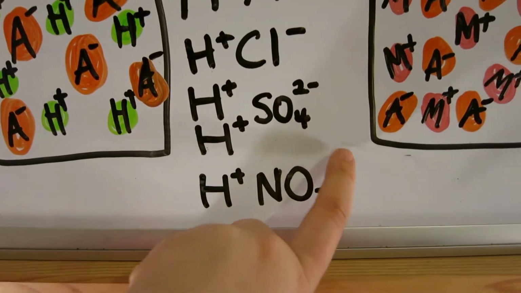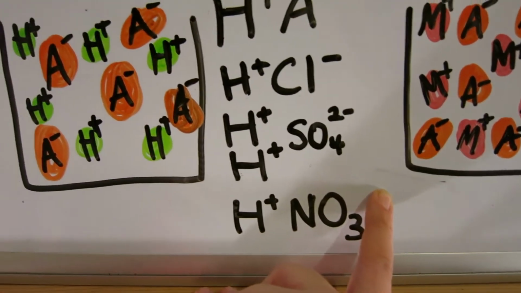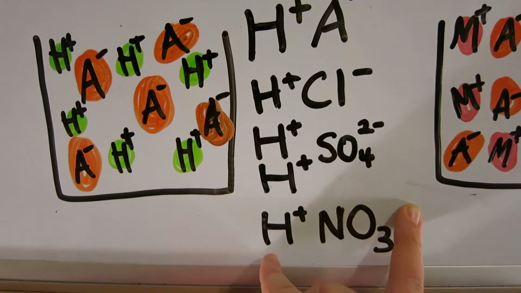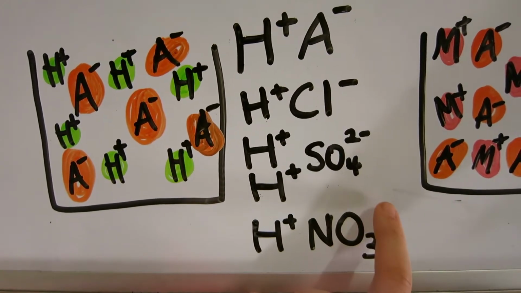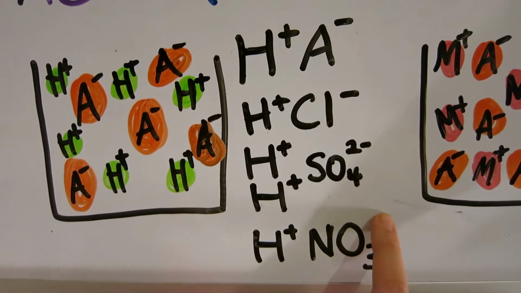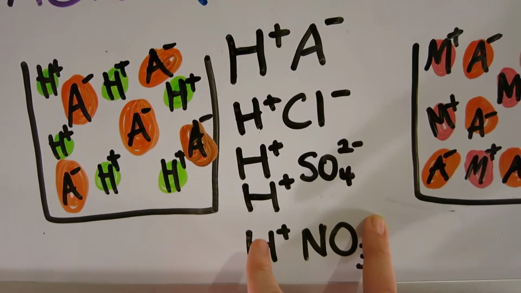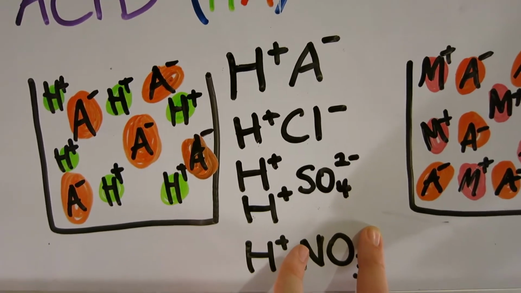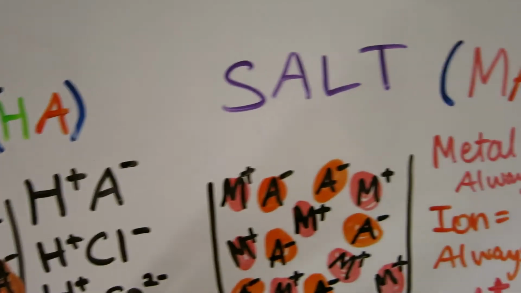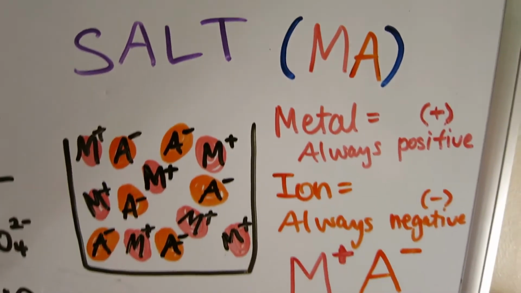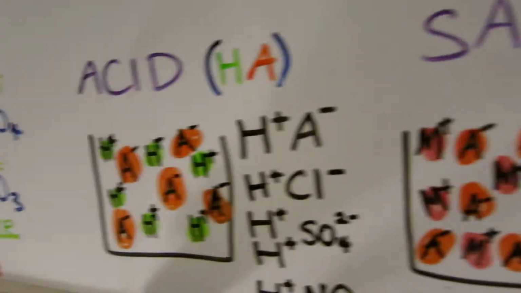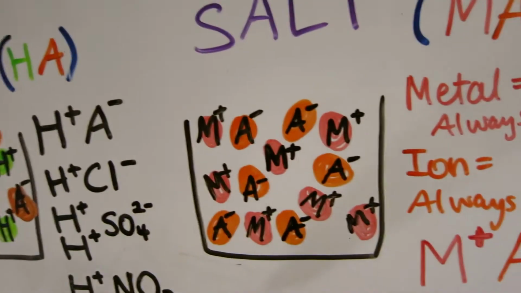And thirdly, we also have our single hydrogen and our nitrate ion, which has a -1 charge. So plus 1, minus 1 equals 0. So what this actually means when we make our salts is we have these things floating around in solution just like our acid.